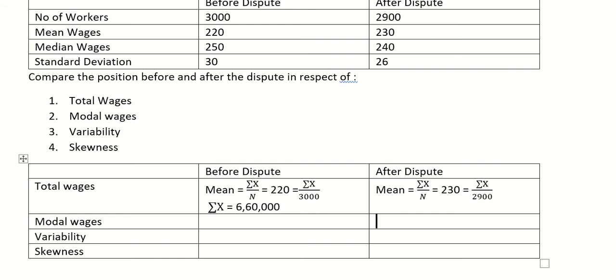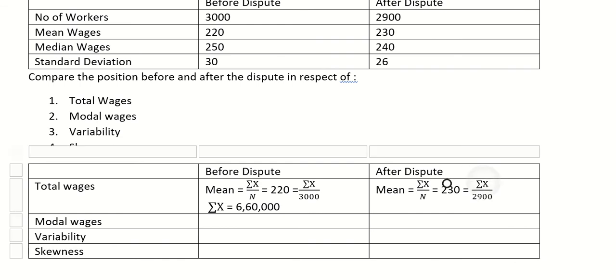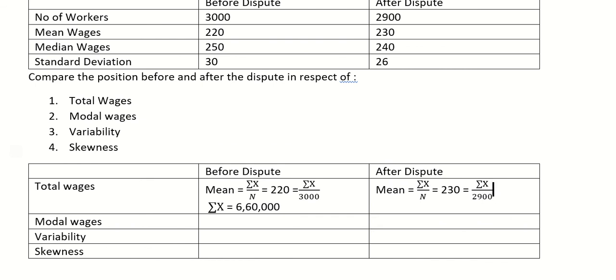Now we'll see how much wages they are paying now. This is 2,900 into 230, which comes to 6,67,000. So now they are paying more wages. They have increased their wages by 7,000.